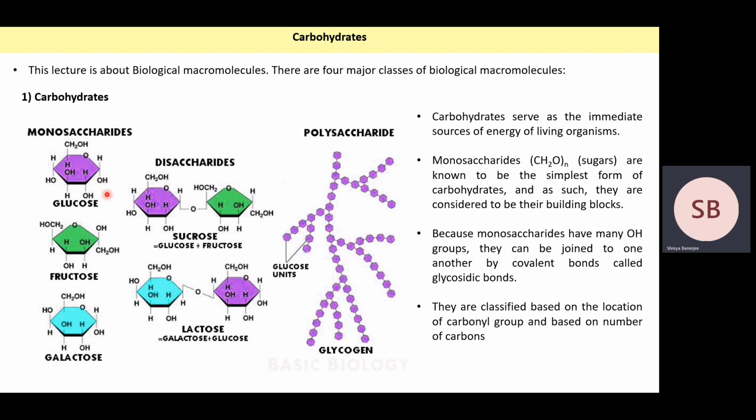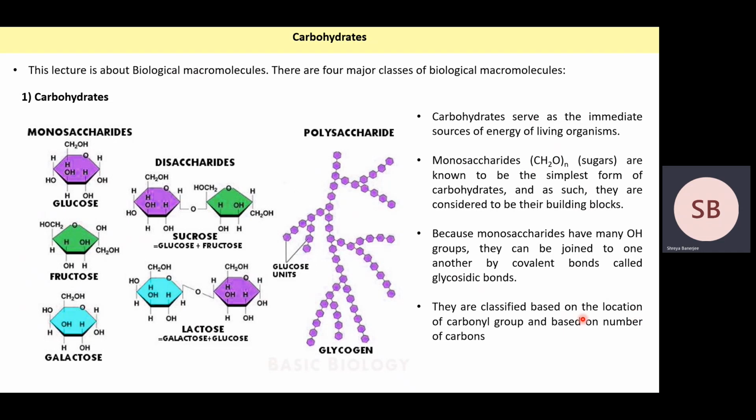That is, a dehydration reaction takes place to form a glycosidic bond and a disaccharide. So you can see sucrose is made up of one molecule of glucose and one molecule of fructose. Similarly, lactose is made up of one molecule of galactose and one molecule of glucose.